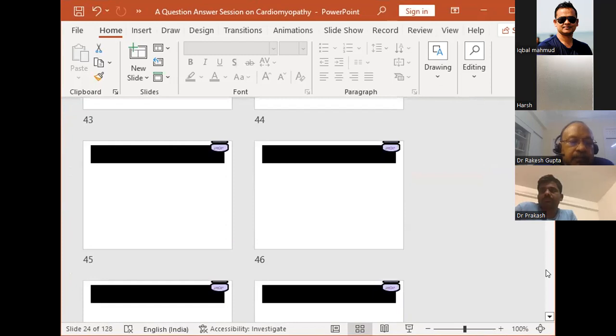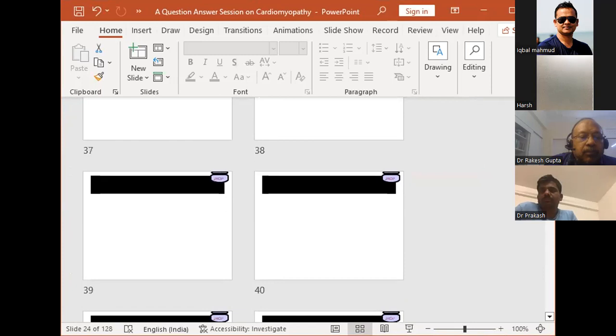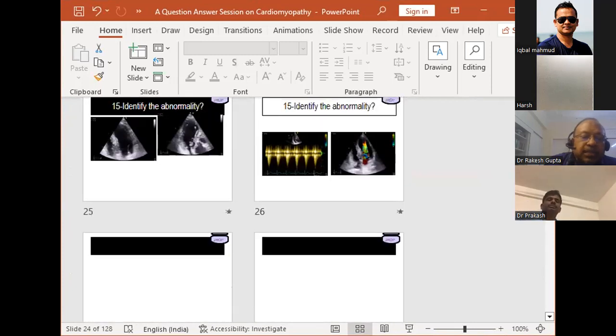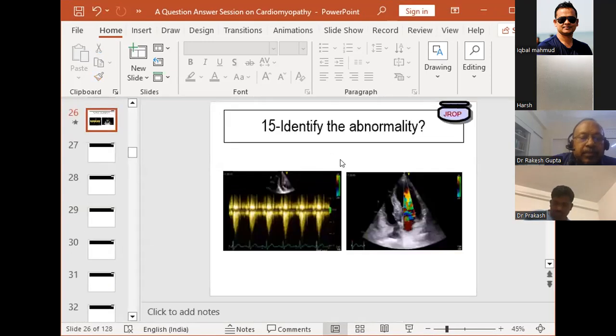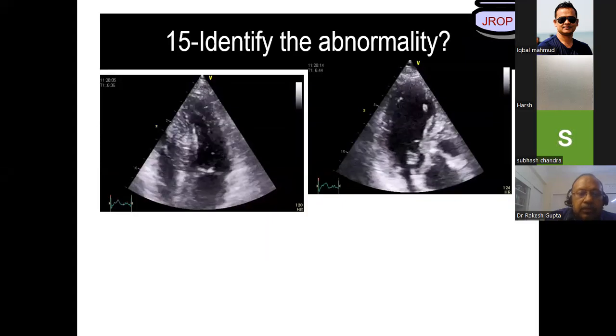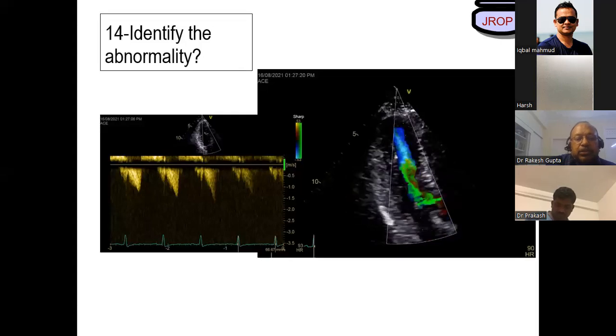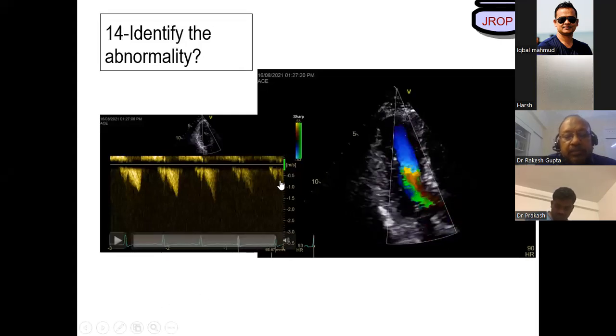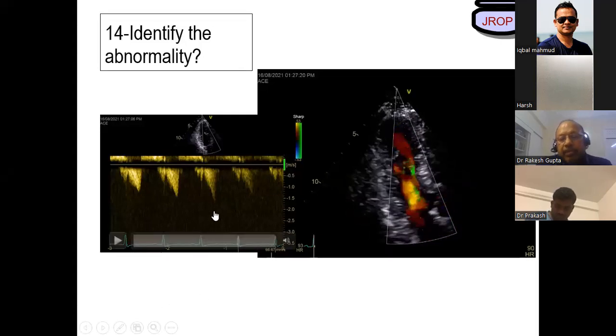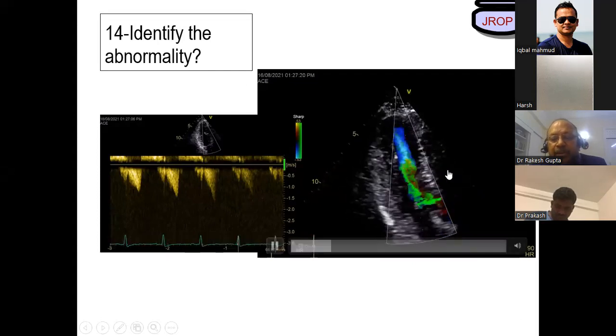The gradients are not too large. The gradients are almost 16 millimeters of mercury, not more than that. Maximum 16. But this is definitely a mid-cavity obstruction.